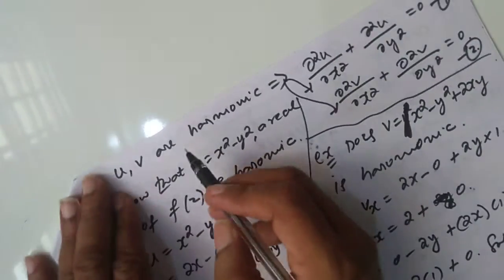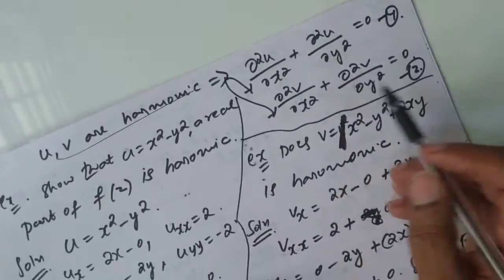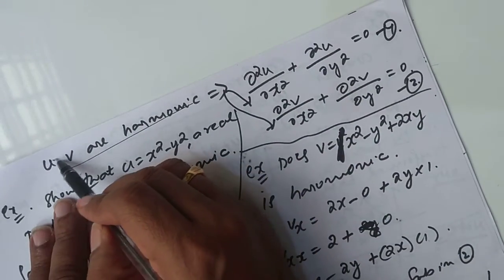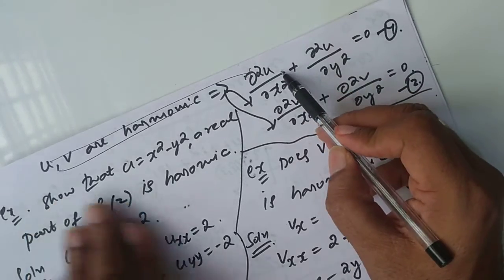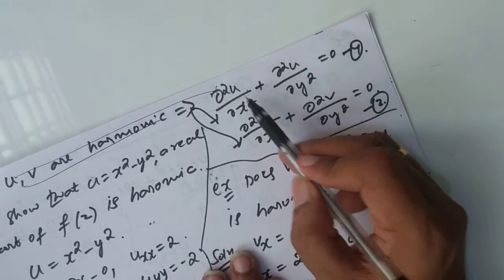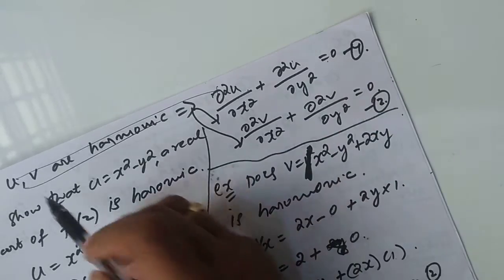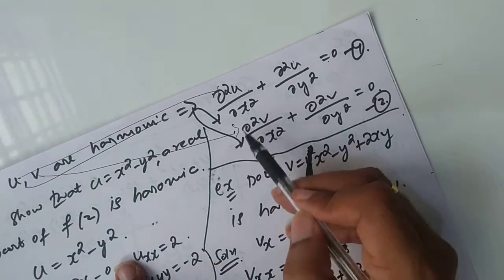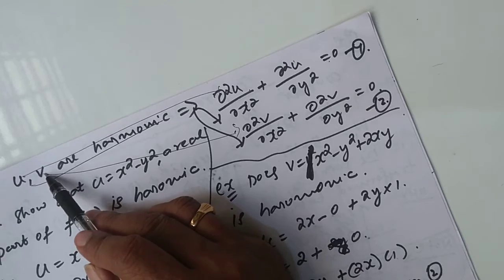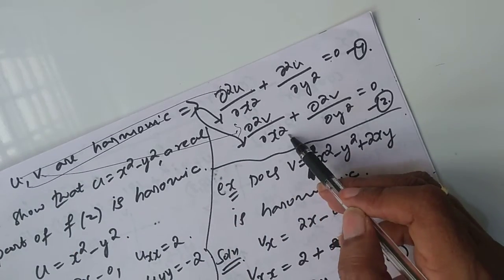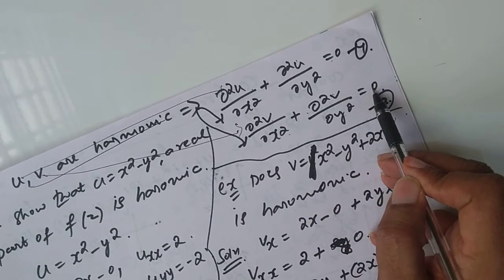So to prove that u is harmonic, I have to show that dou squared u by dou x squared plus dou squared u by dou y squared is equal to 0. To prove that v is harmonic, I have to prove that dou squared v by dou x squared plus dou squared v by dou y squared is equal to 0.